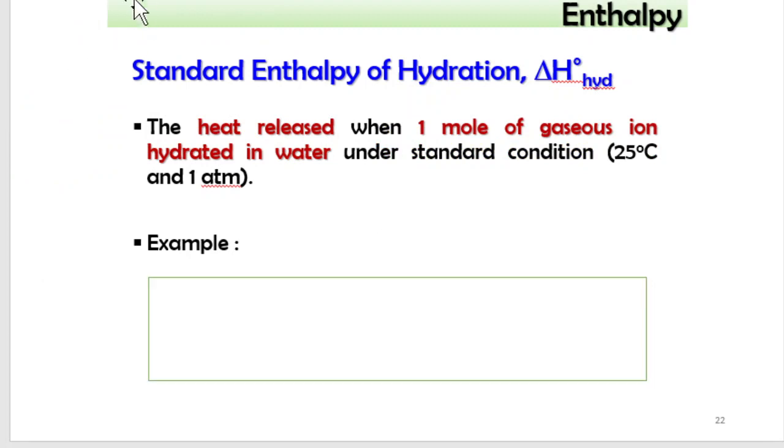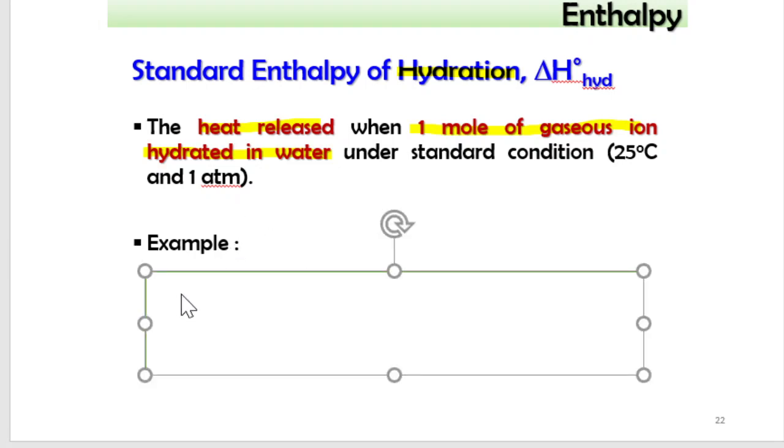Okay, next is standard enthalpy of hydration. For this one, heat is released when 1 mole of your gaseous ion is hydrated in water. So 1 mole of gaseous ion, and then it will become aqueous. For example, Na plus gaseous ion.